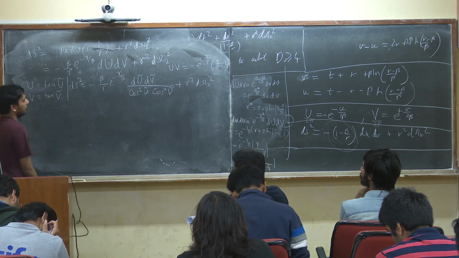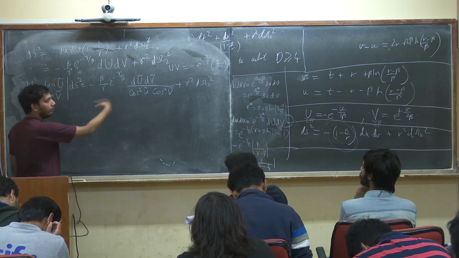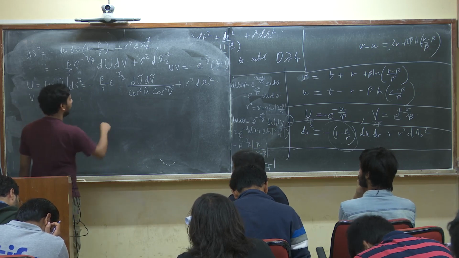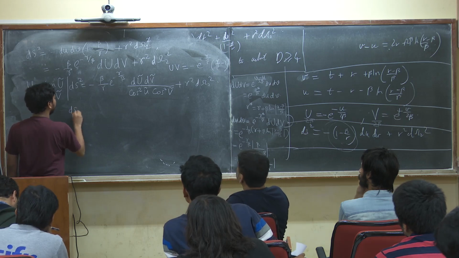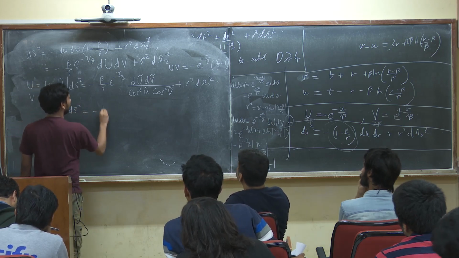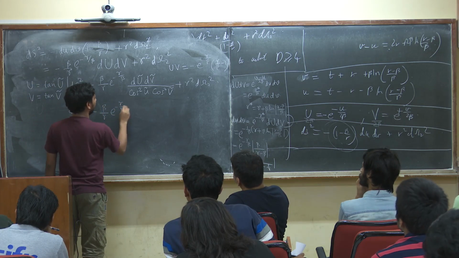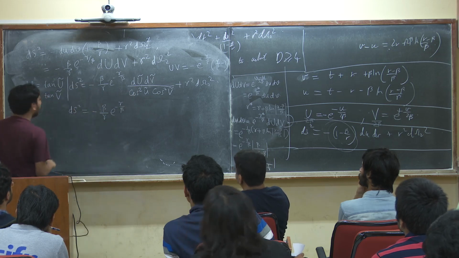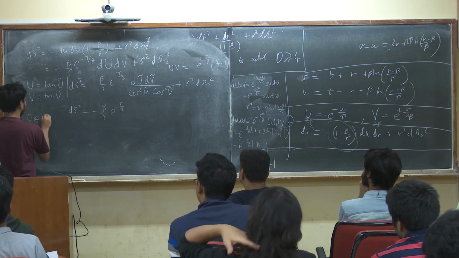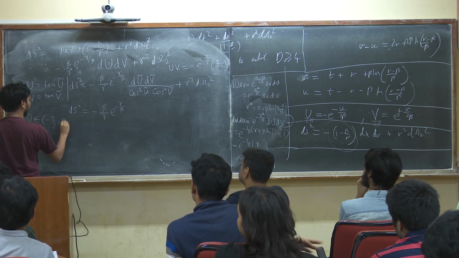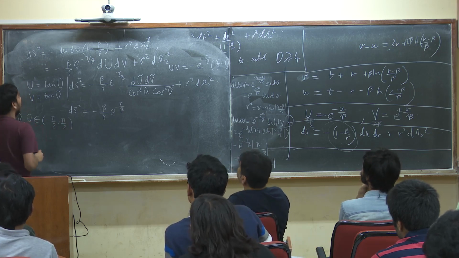Now we will take this part only. We will remove these cos square factors, and it is the same as the previous one, conformal. So the new thing is that the range now becomes finite by this tan: u tilde from minus pi by 2 to pi by 2, and v tilde also.